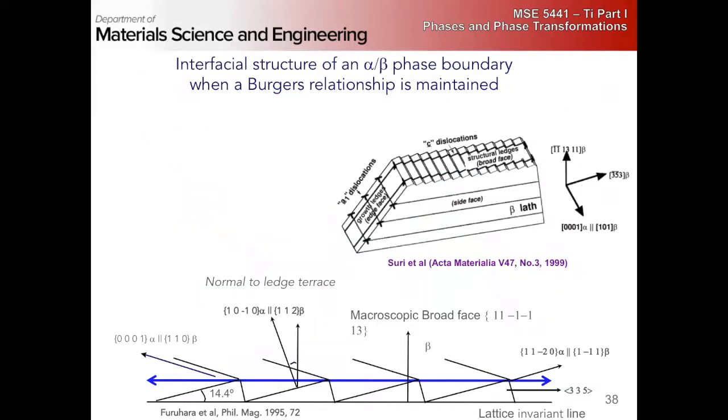And see, we talked about this in twinning and other Widmanstätten relationships. We get the same type of ledge terrace structure, right? Where these laths are lenticular for the most part, right?